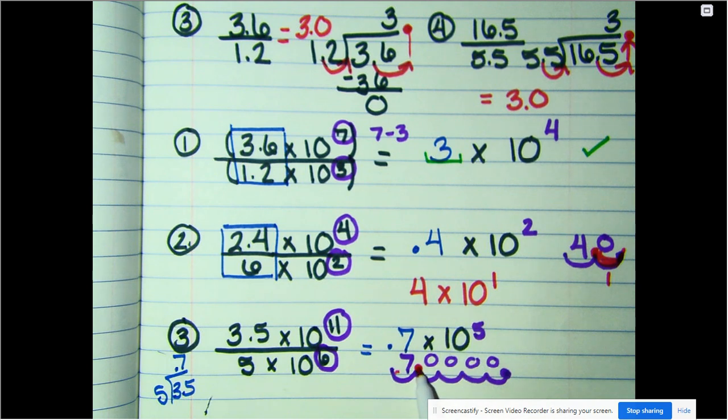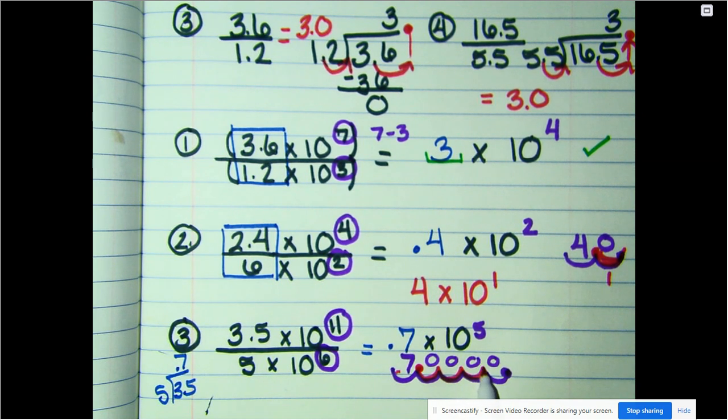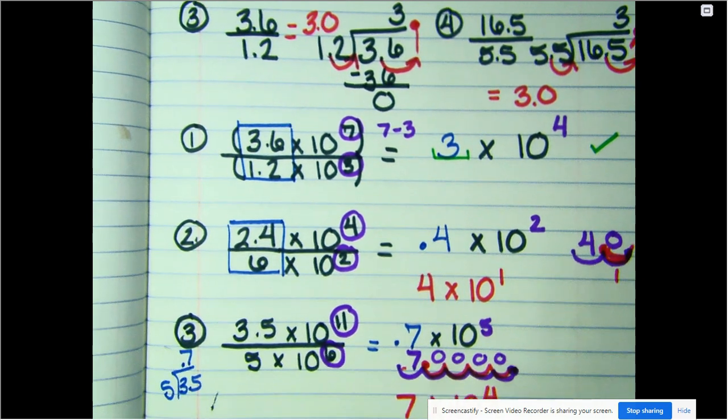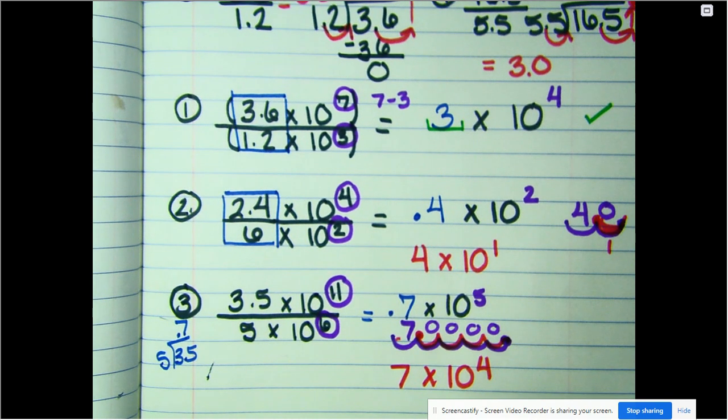So from this decimal point to the decimal point for my number, it's place value 1, 2, 3, 4. So the correct format would be 7 times 10 to the 4th power instead.